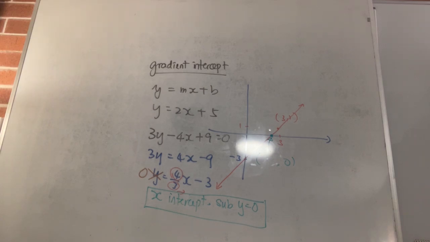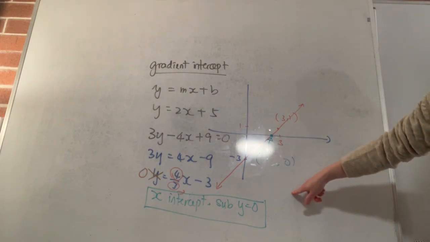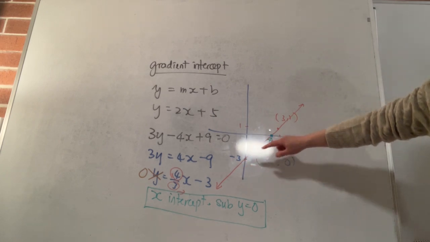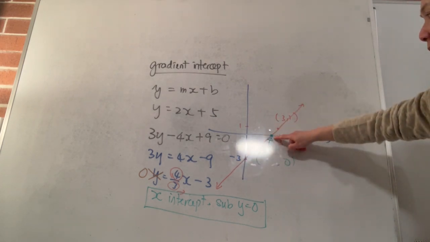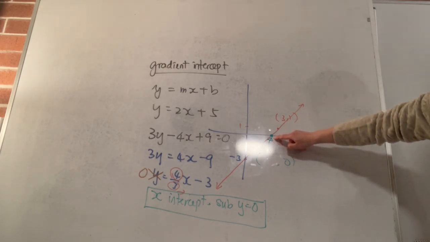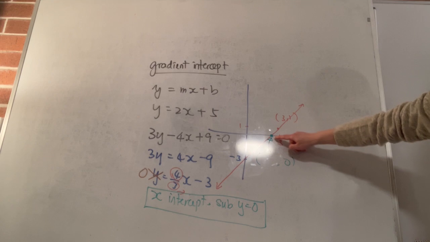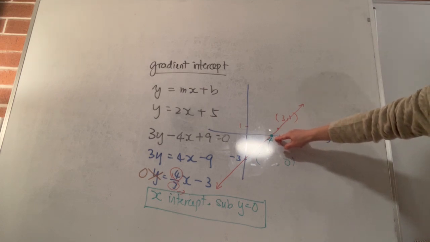To find x-intercept, you put y equal to 0 into the equation. This is a line. If I want to find out where it cuts the x-axis, what is the y-coordinate for this point? 0. That's why y has to be 0 when you cut the x-axis.